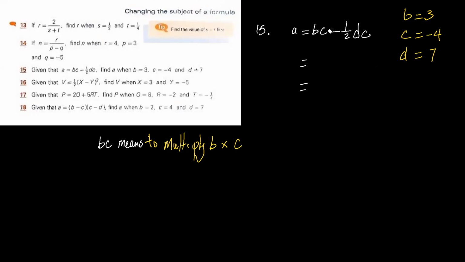This is BC. It means B times C, minus a half times DC. So BC, whatever B is. What is B equal to, everybody? 3.